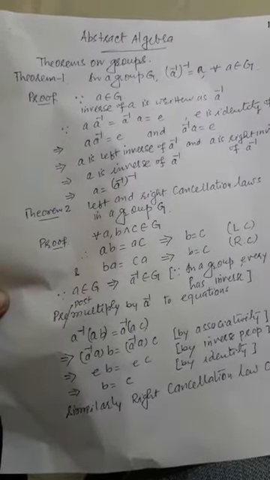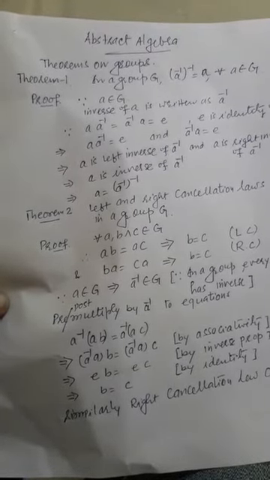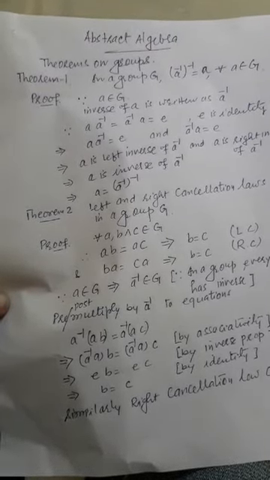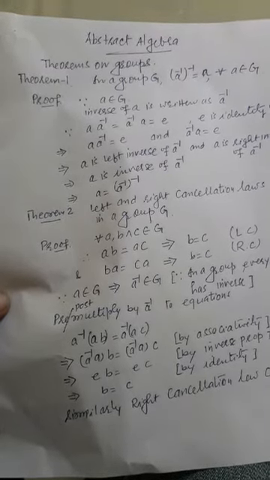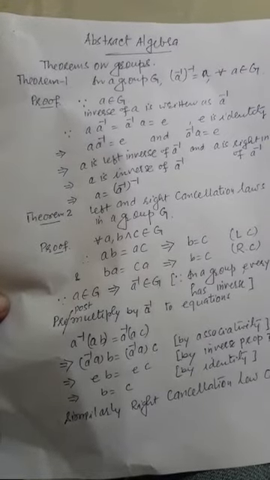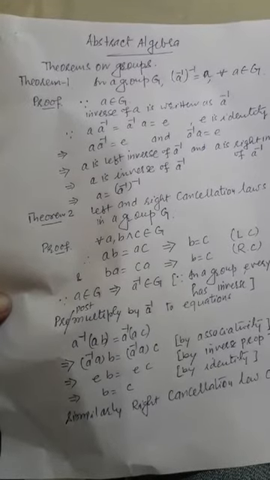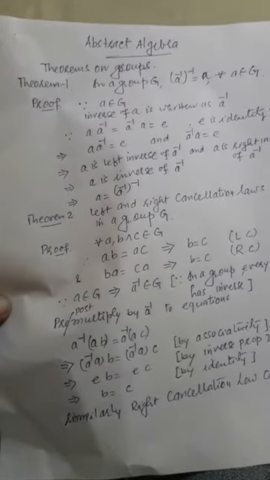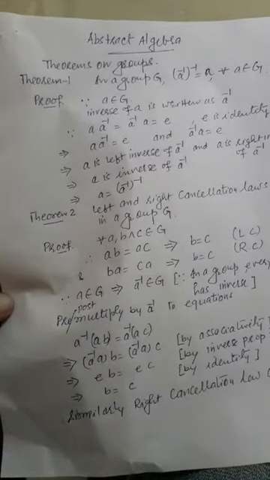Proof. Since a belongs to G, the inverse of a is written as a power minus 1. By the definition of identity and inverse property, we can write a inverse a equal to a a inverse equal to e, where e is the identity element.